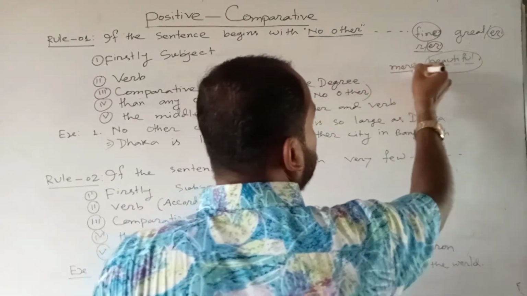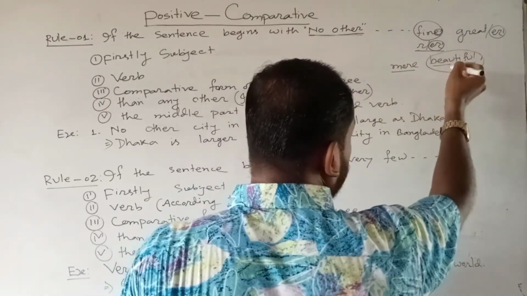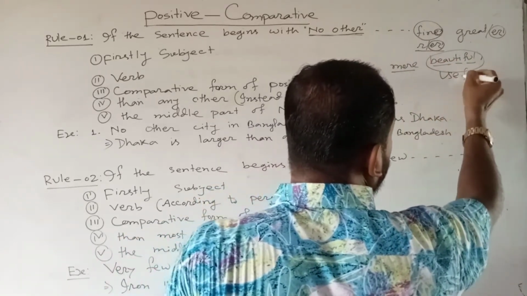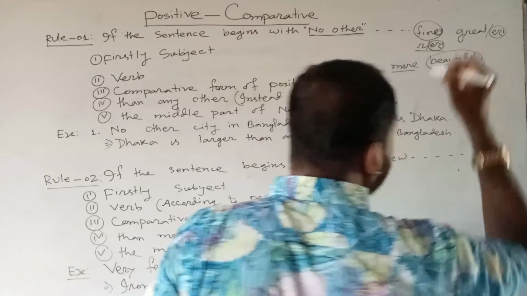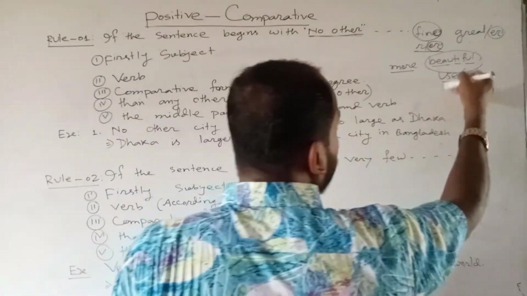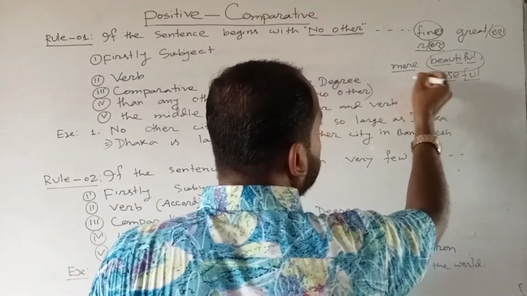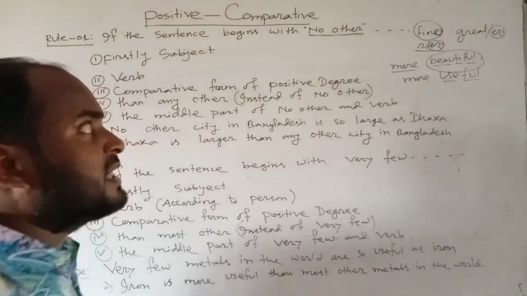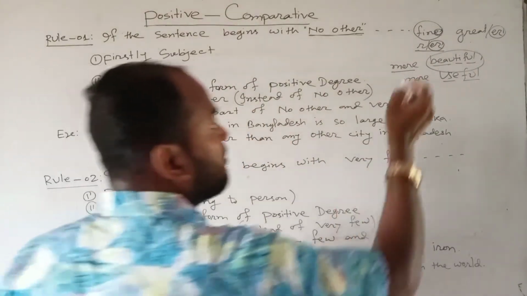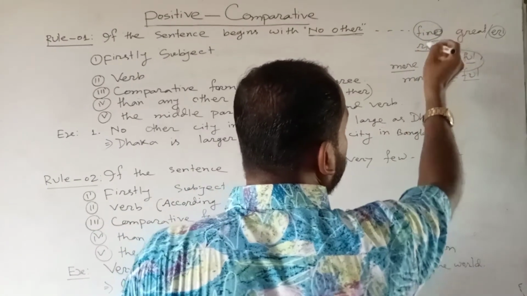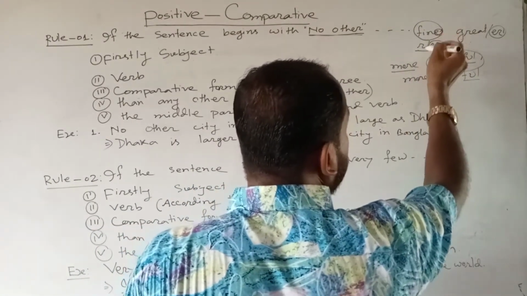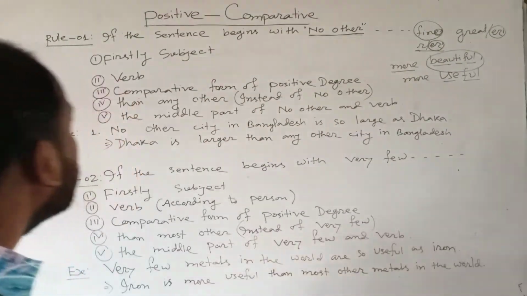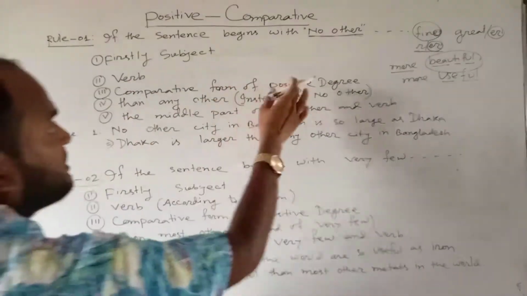But if the adjective has only one syllable, that means a monosyllable, then we shall use r or er at the end. That is the comparative form of the positive degree.